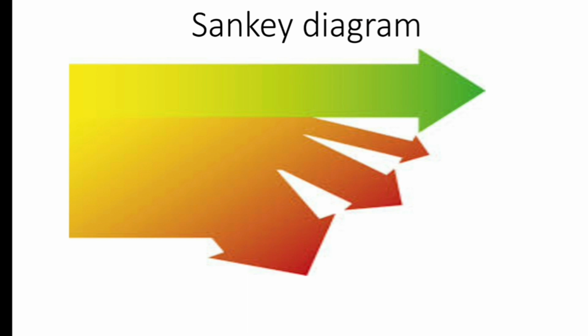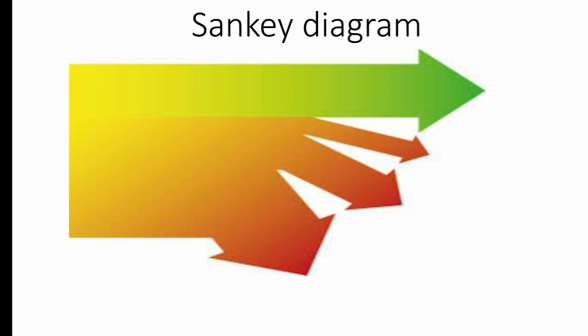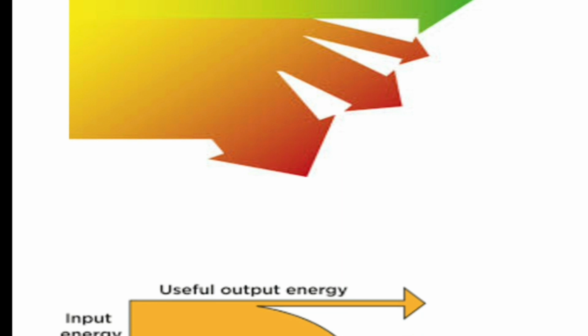So now we are going to see some examples of Sankey diagram, how we represent energy input, means energy given to the system, and energy output, means energy used by the system. This is Sankey diagram in which head of the arrow represents energy used up and tail of the arrow represents energy supplied to the system.